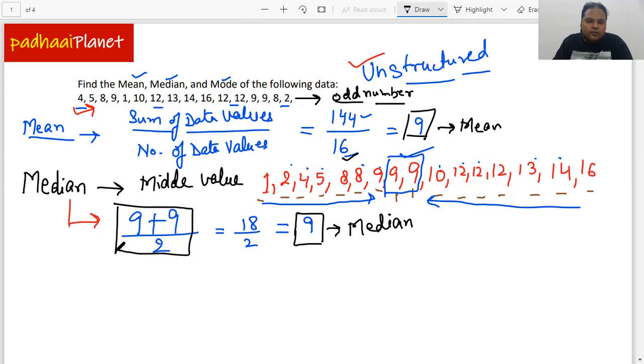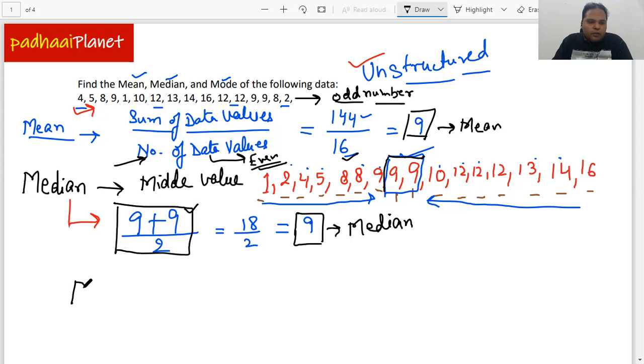This technique is used when we are not able to find the exact middle value, and that happens only when the number of data values is an even number. In that case, we find the middle two values, add them, and divide by 2. That's how we get the median.